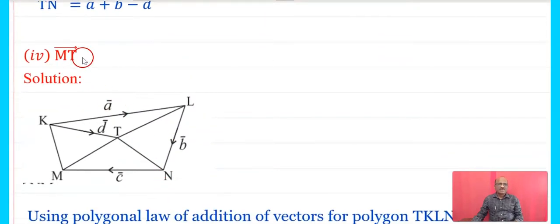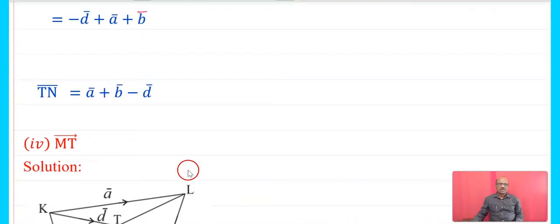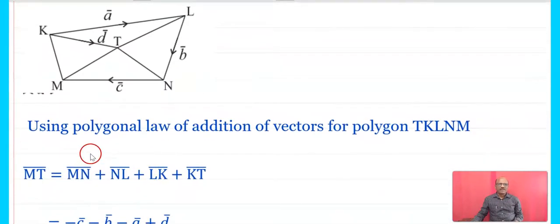Next, MT bar. Now for MT bar, using the polygon law of addition of vectors for the polygon T, K, L, N and M, MT is equal to MN plus NL plus LK plus KT.